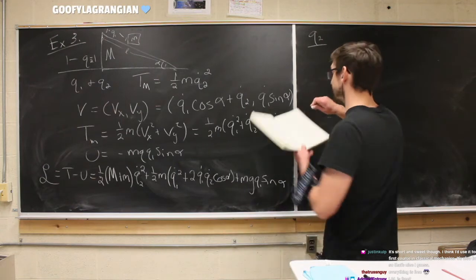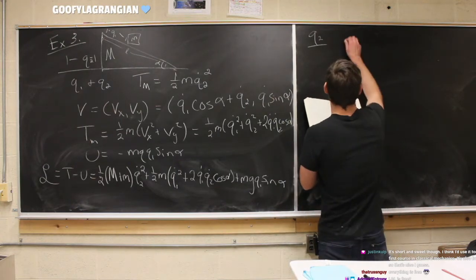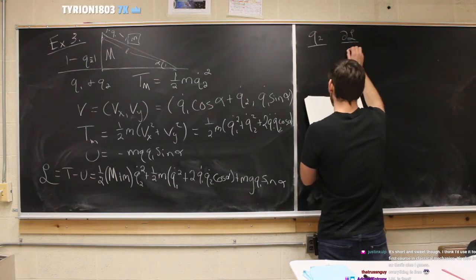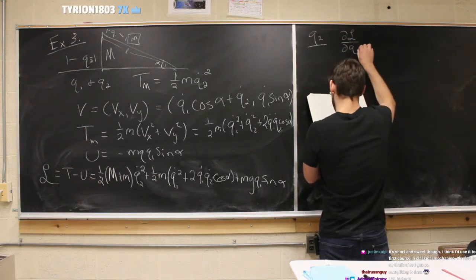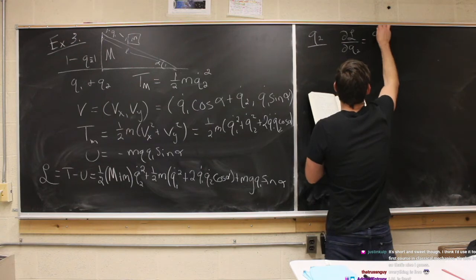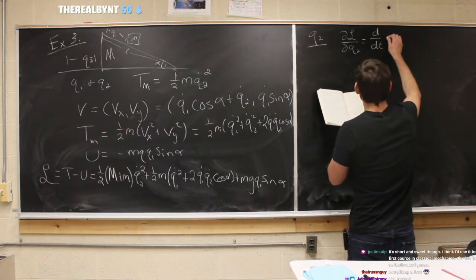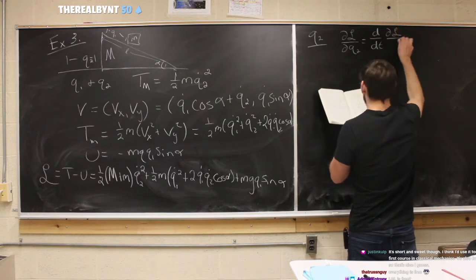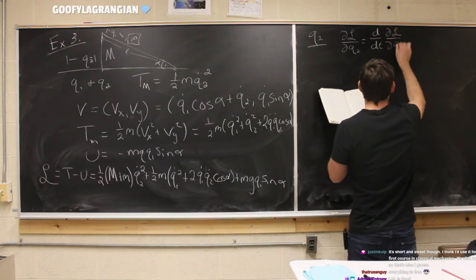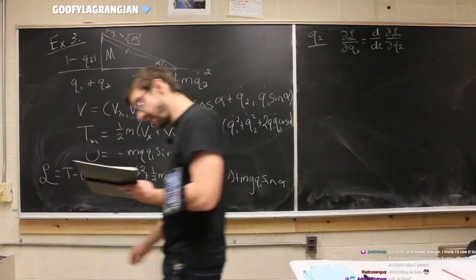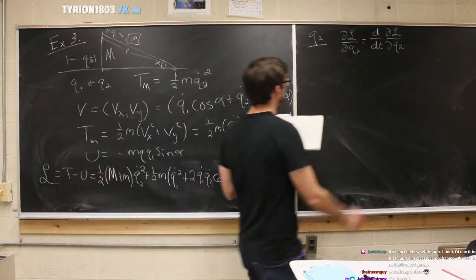Let's write out the Lagrange equation of motion really quickly. So the left-hand side of the equation is going to be 0.